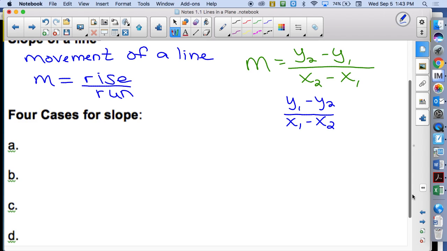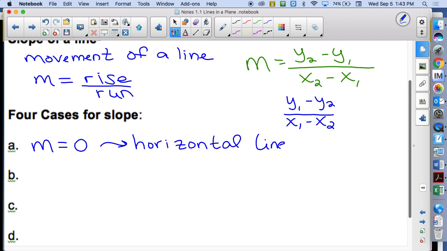So if it's a horizontal line, Virginia, what's the slope of a horizontal line? 0. Yes, so that would be 1 case for slope. The horizontal line, the slope is 0. So this gives us a horizontal line. So that would be one option.